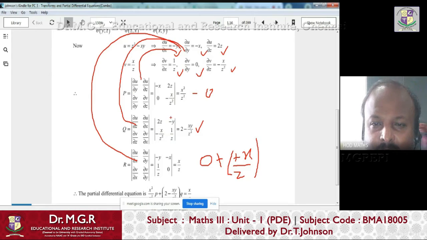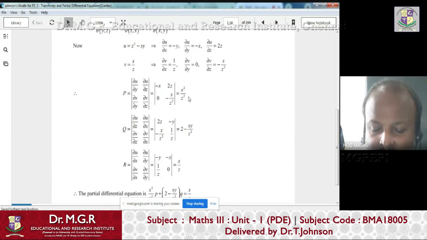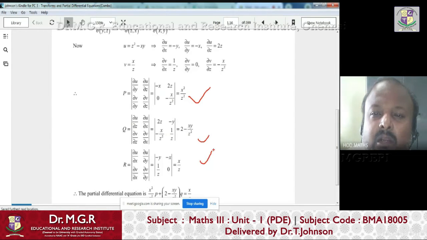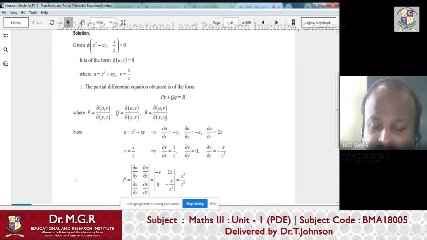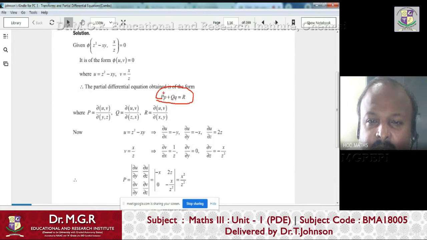So by finding the determinant of this, you can find all these 3 values, that is capital P, capital Q, and capital R. Now what you have to do is very simple, because you already know this is the associated PDE. In the associated PDE, we need the P value, Q value and R value.